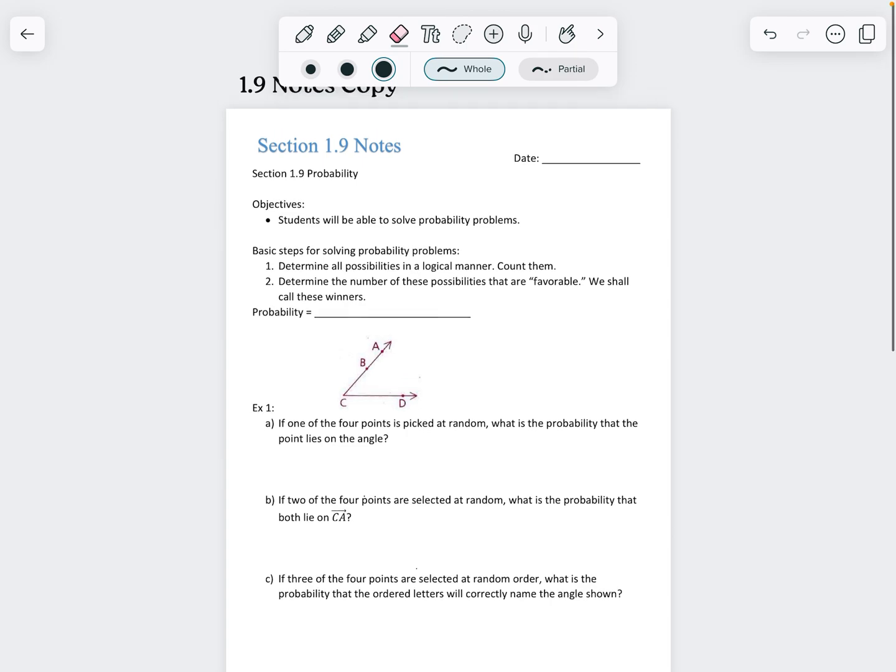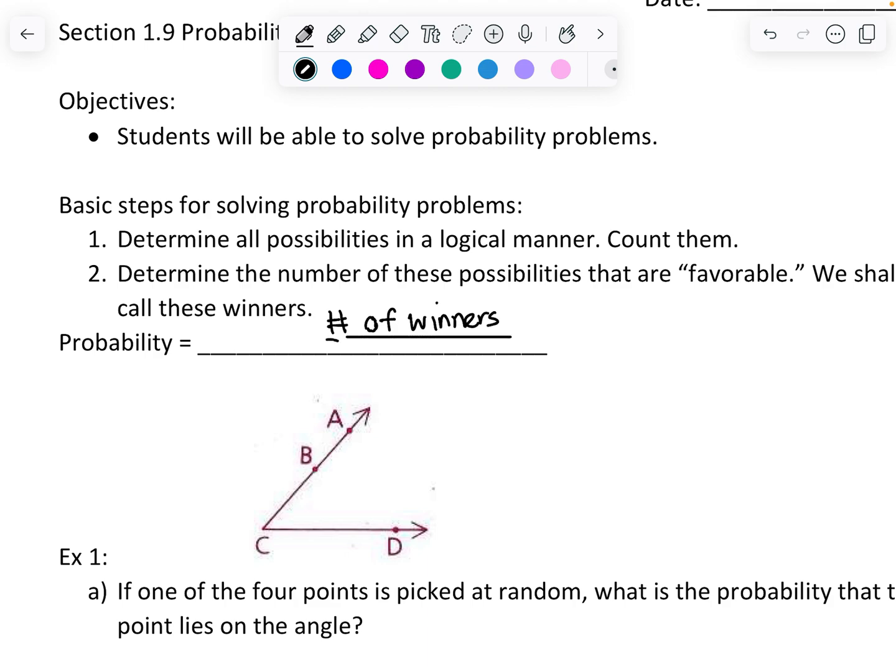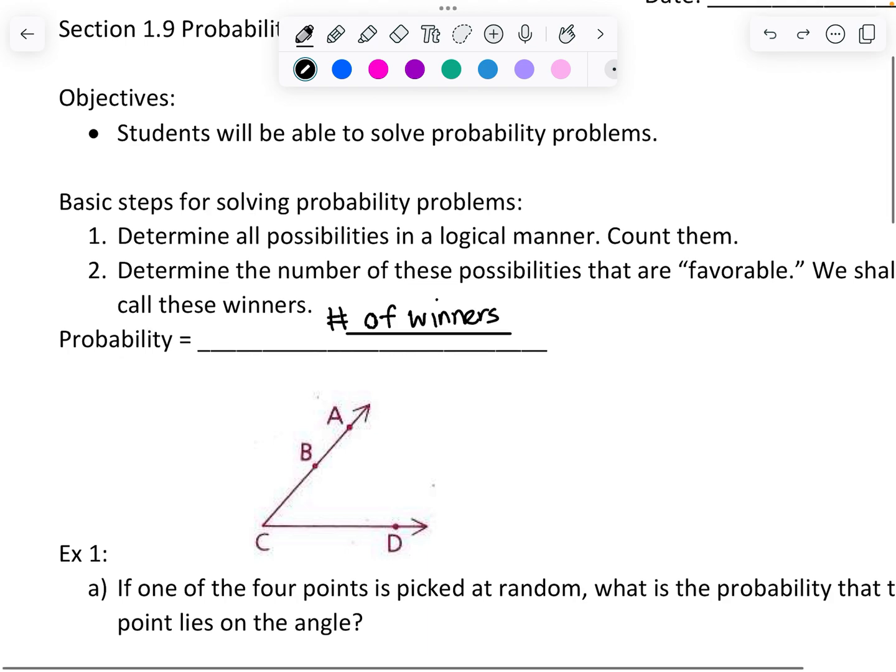So essentially the probability is going to be the number of winners over the number of total possible outcomes.